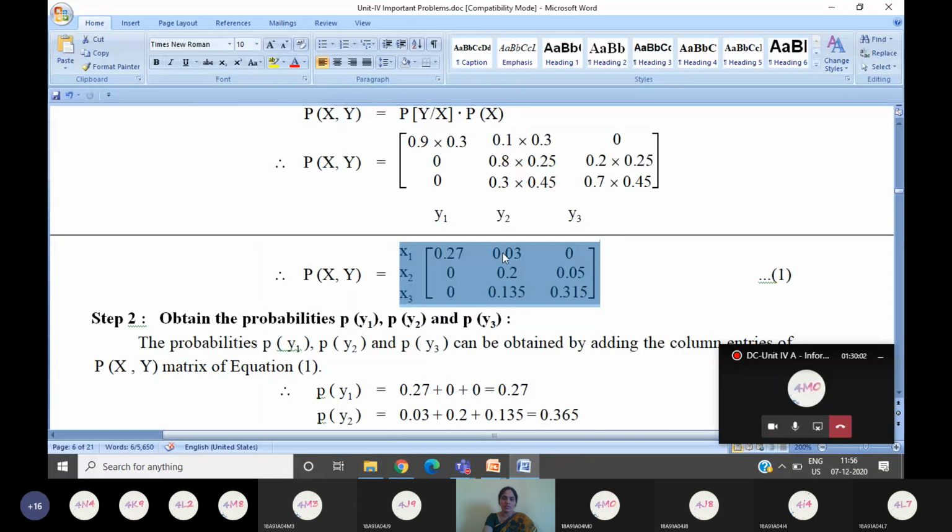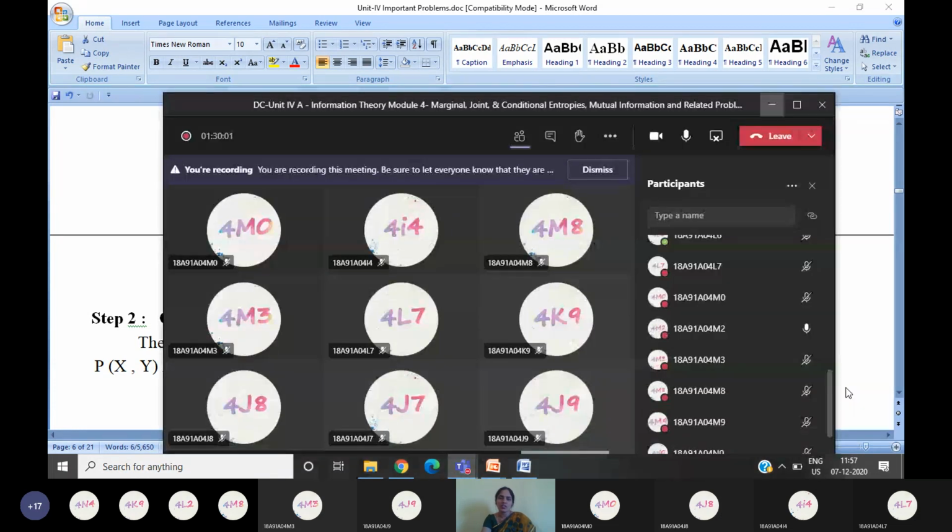What is the condition to cross verify your answer for a joint probability matrix? I think your section is good enough, but why are you not answering our questions? You all study well, don't you?